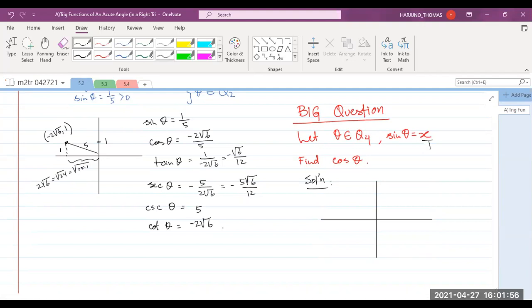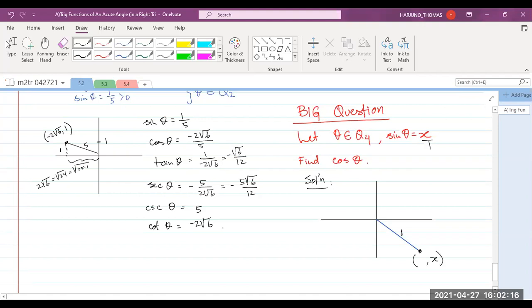In other words, you can set up the radius to be 1 and the y component is x. This is 1. The y component is x.